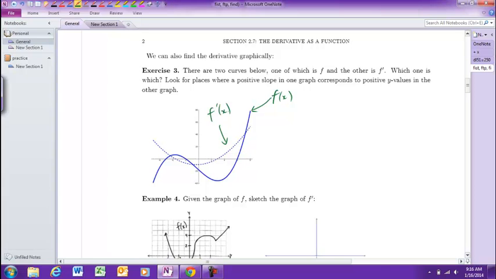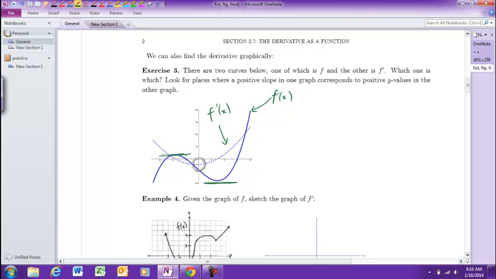There's another thing we can look at that will help us identify which one is which, and that is to look for when the slope of the tangent line is 0. I notice that at this point I would have a tangent line that's horizontal, and I would also have a tangent line here that's horizontal.